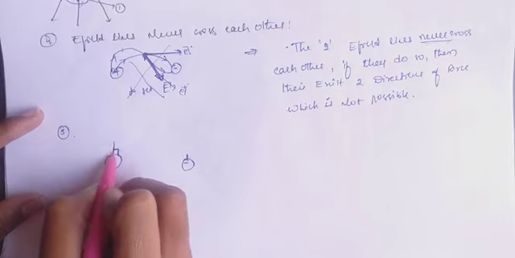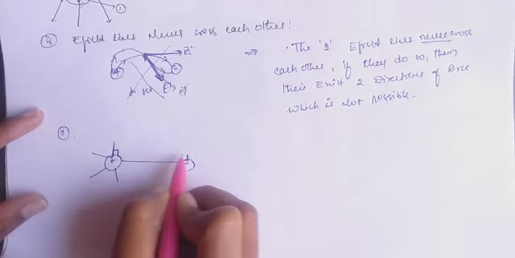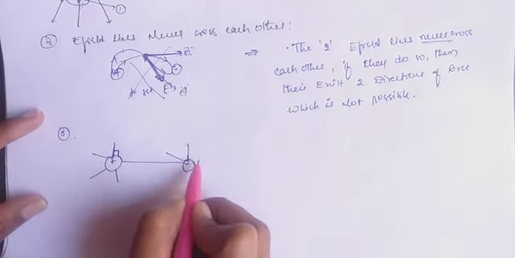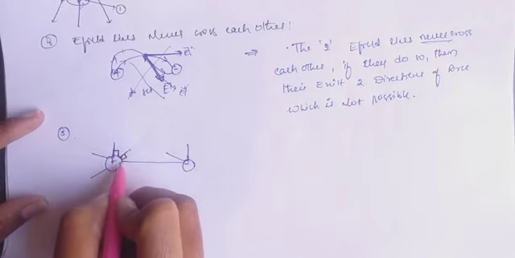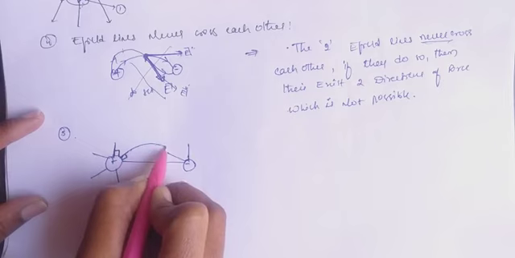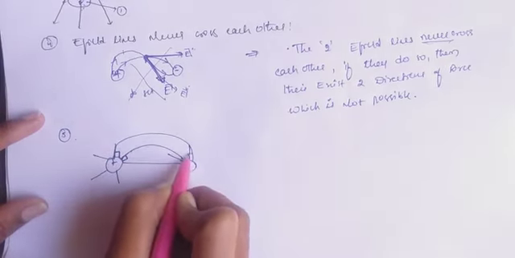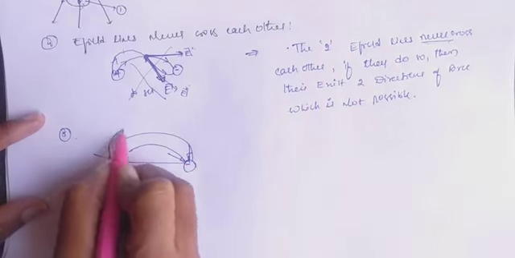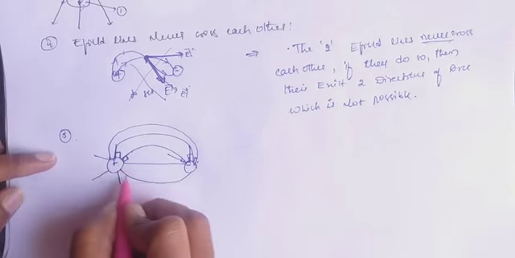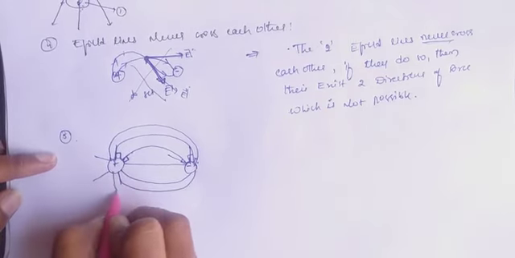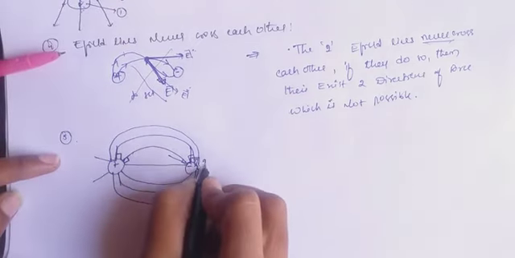This is a right angle, and this is a right angle. Only if it makes 90 degrees with the charge can the line exist.